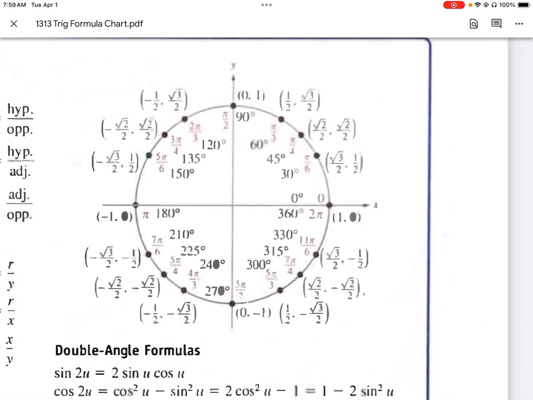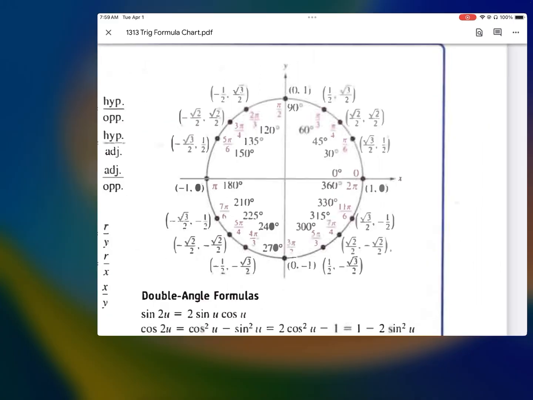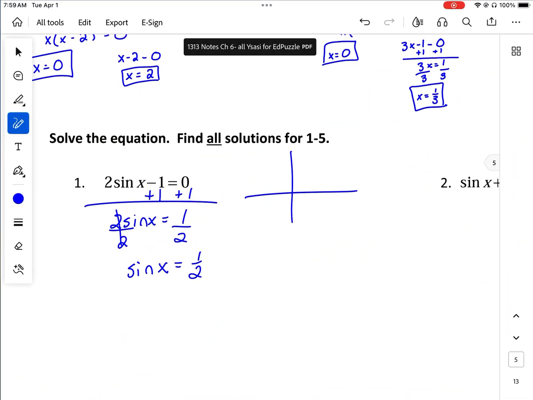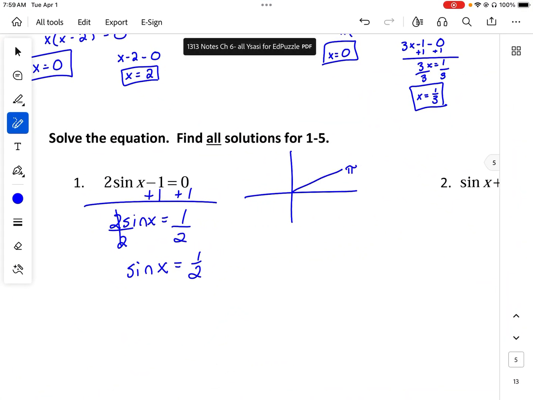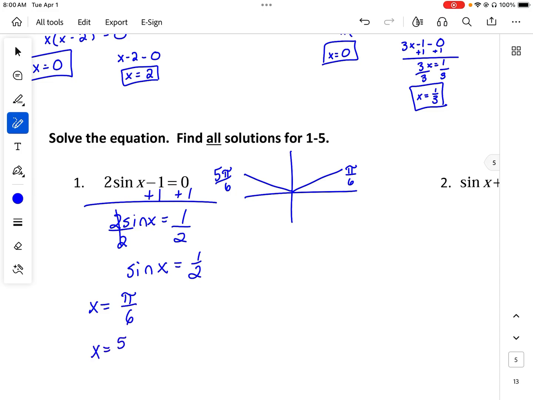So it would be at pi over 6 and at 5 pi over 6. At pi over 6, it's 1/2, and at 5 pi over 6, it's 1/2. So then that tells me it is pi over 6 and 5 pi over 6.